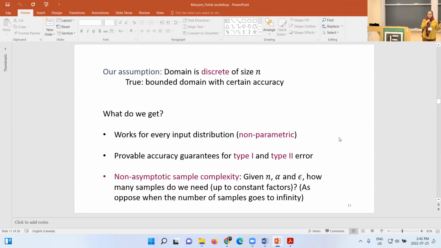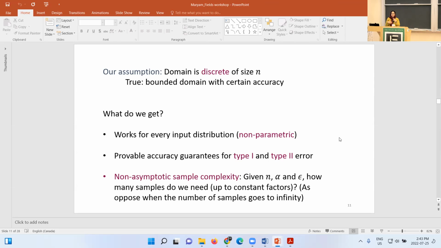So we have a discrete domain of size n, which is true when you have non-numerical features, or you have features with certain accuracy and bounded. What this assumption basically buys us is that it lets us have an algorithm that works for any distribution. So we are not making assumptions about the underlying distribution, except that it's discrete over n.